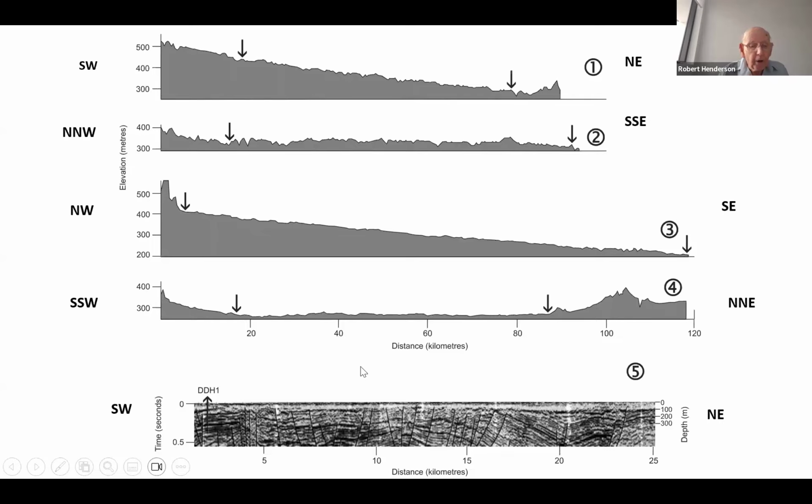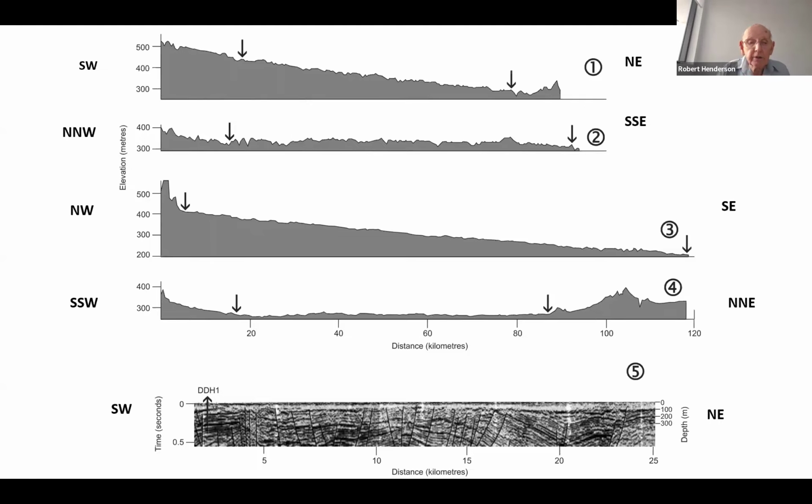This bottom profile here shows the seismic line, one of the seismic lines that I pointed out just a minute ago, and you can see the Campaspe clearly recognised on the seismic line. And here's a drill hole here, which has recorded the Campaspe and its base against bedrock. So we know that this really is the Campaspe that we are seeing in the profile.